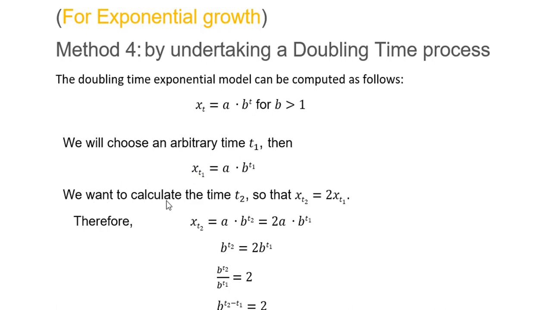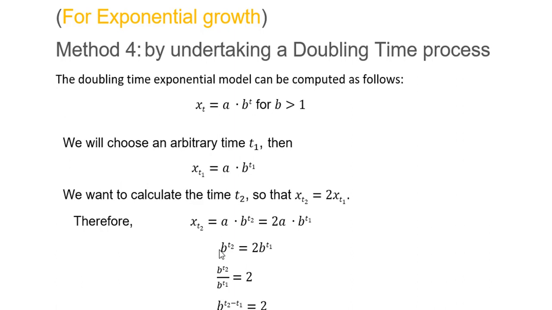We want to calculate the time t2 so that x(t2) equals 2 times x(t1). Therefore, x(t2) equals a times b to the t2's power equals 2a times b to the t1's power.